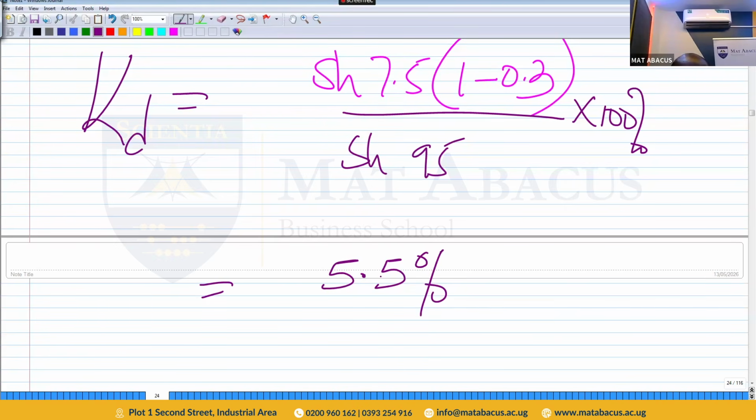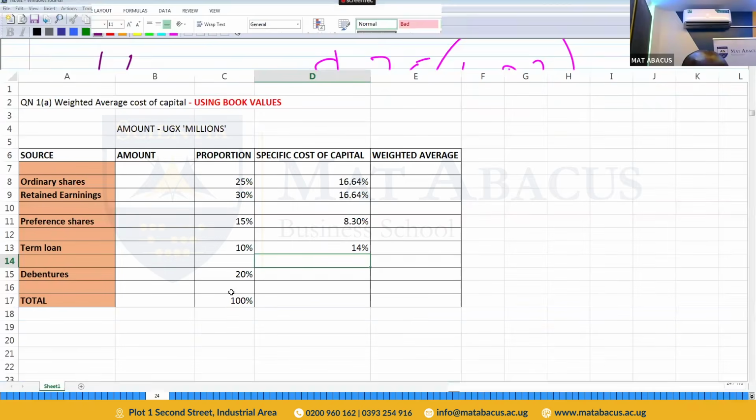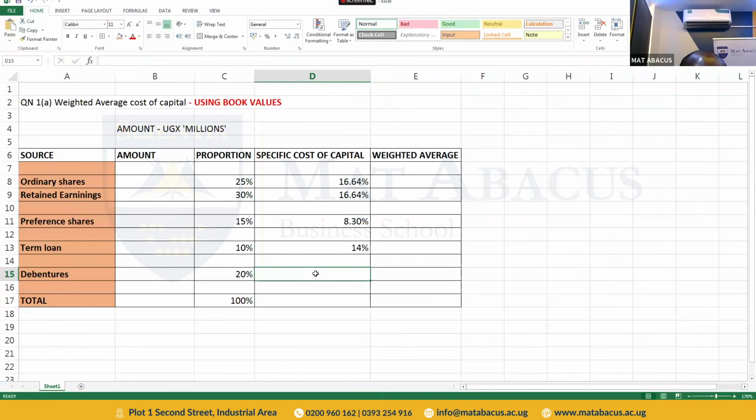Let me check it again. 7.5 times 0.7 divided by 95 times 100. That is it. Take it to your table. The cost of the debenture is 5.5%.